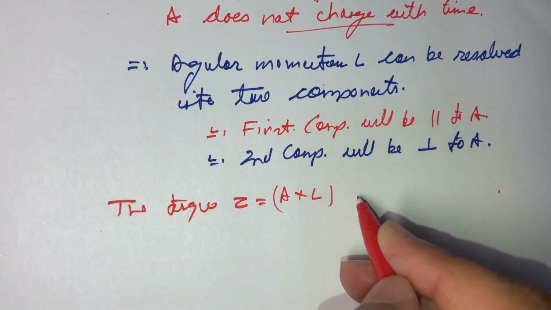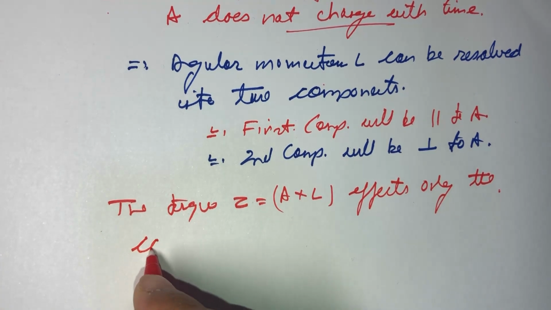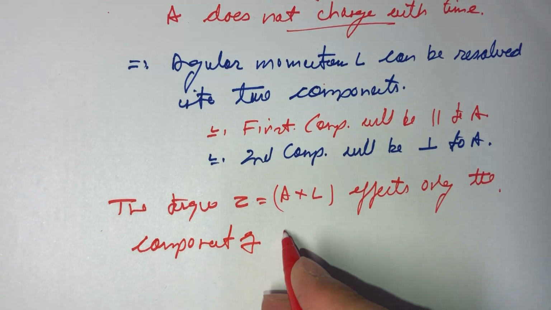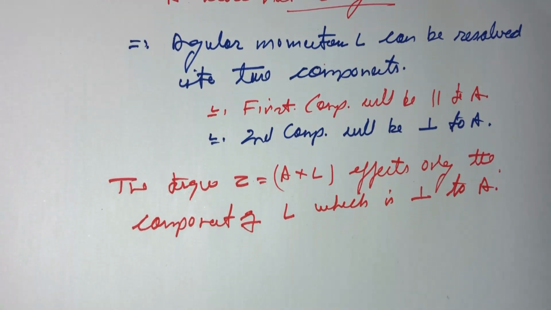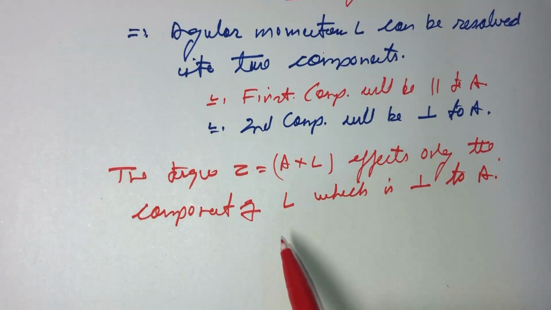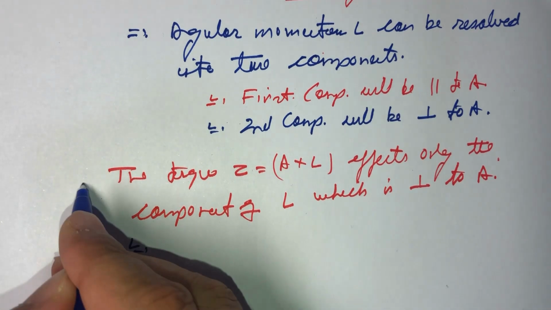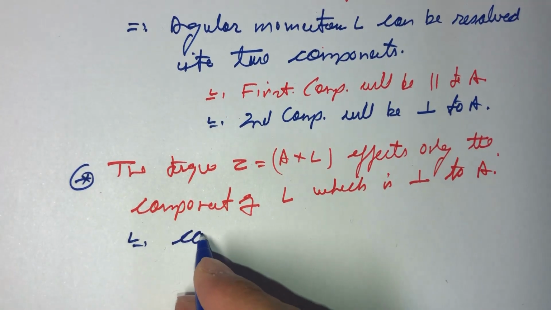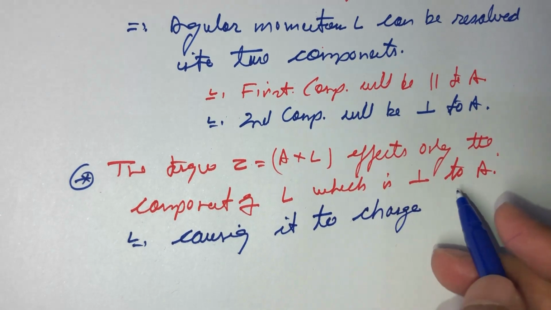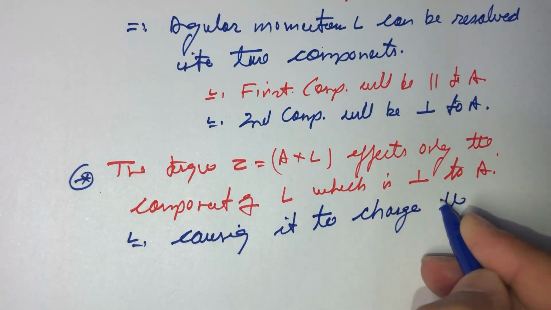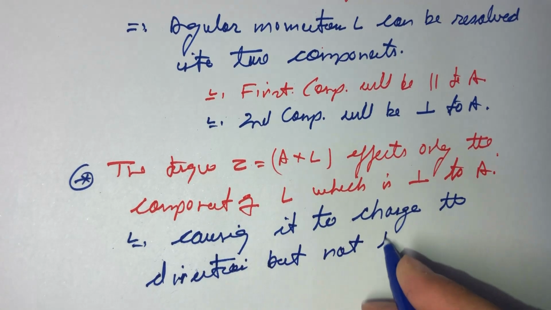So you can see the torque affects only the component of L which is perpendicular to A. And this component is going to change the direction only but not the magnitude.